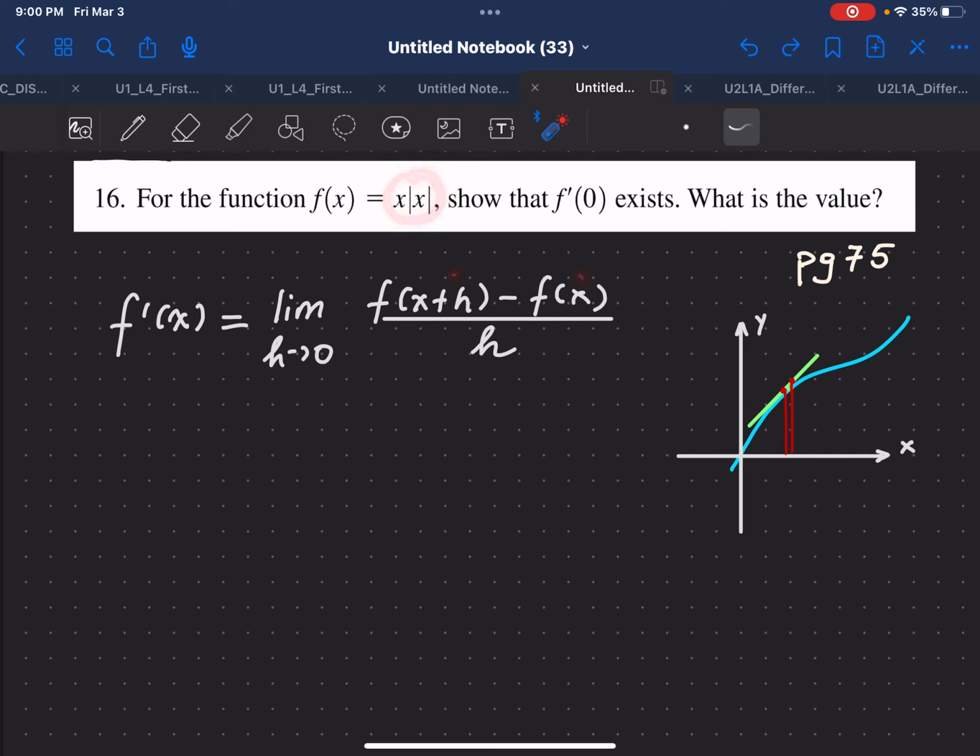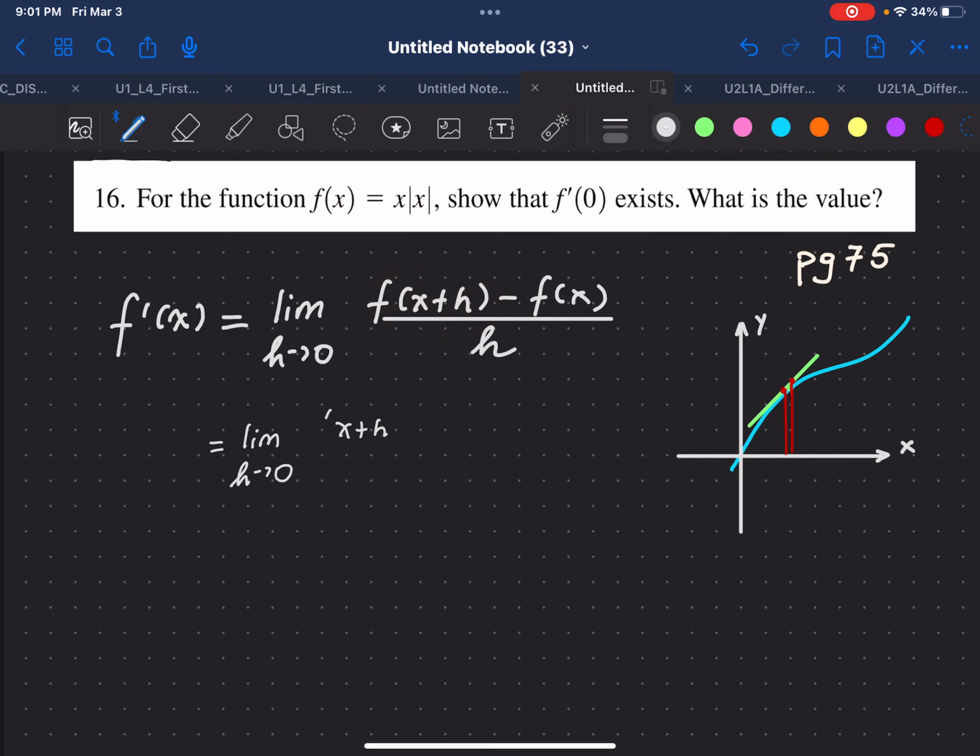So back to our derivative here, we are going to bring the function x, absolute value x, into the limit. So apply this function in it. So we have the limit as h approaches 0. Instead of f of x plus h, we are replacing x by x plus h, as you can see. Now we'll write, instead of x, x plus h.